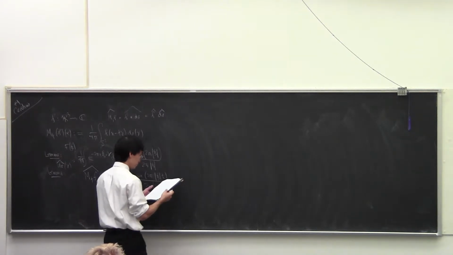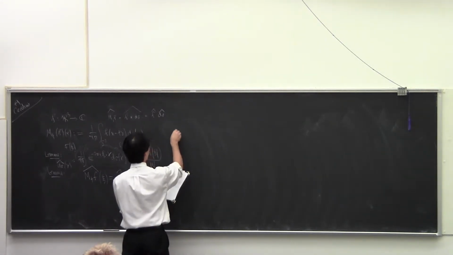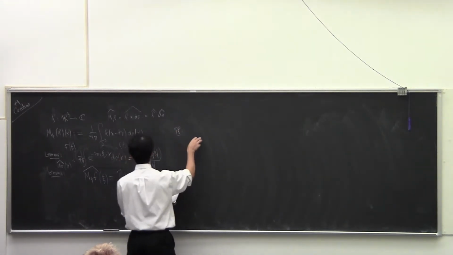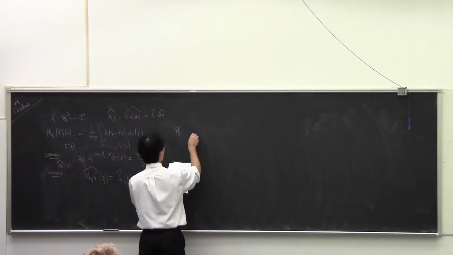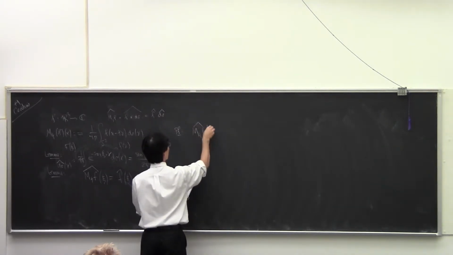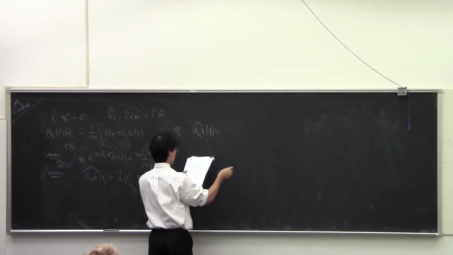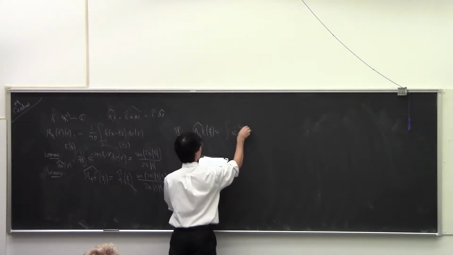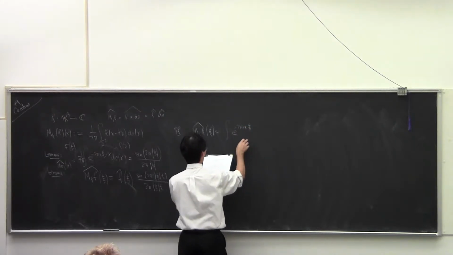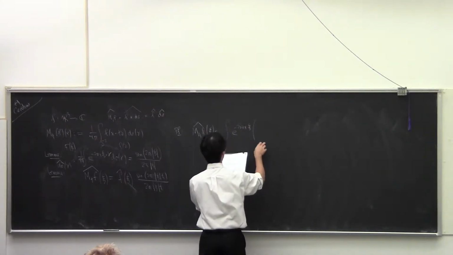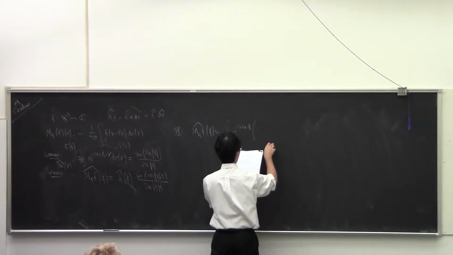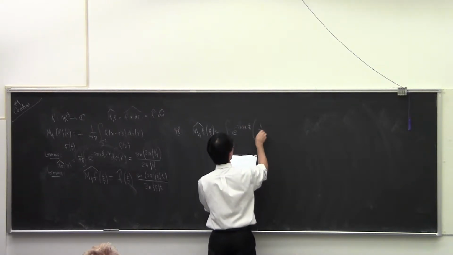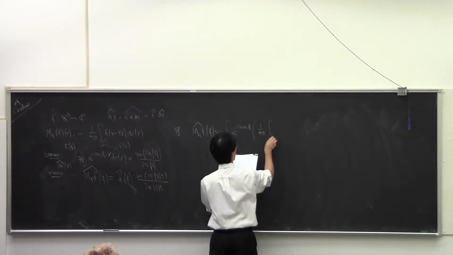So this is, again, a sort of change of variables problem. Just by definition, the Fourier transform of MTf at c is the integral of e to the negative 2 pi i x dot c times MTf of x.